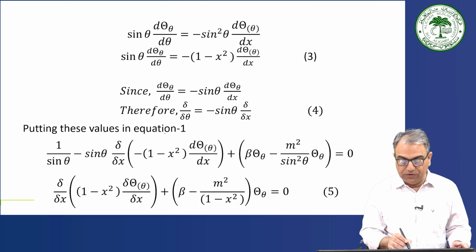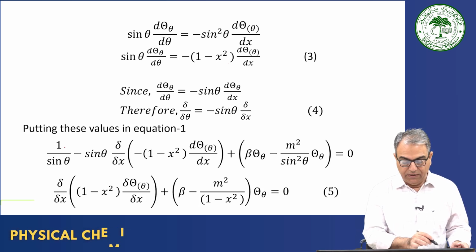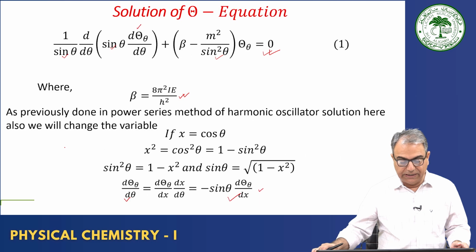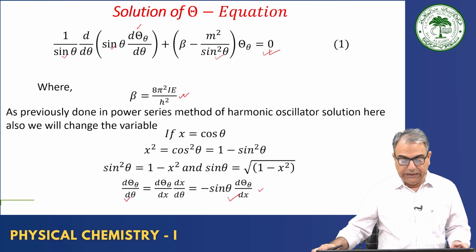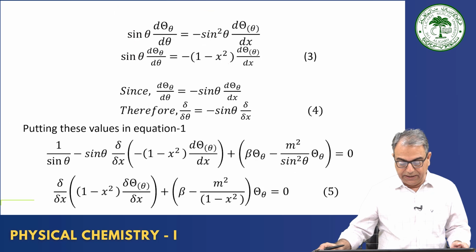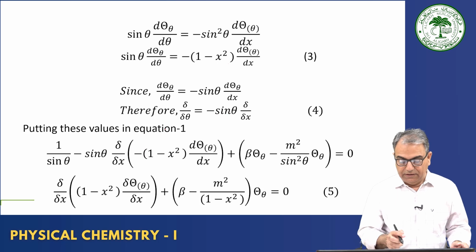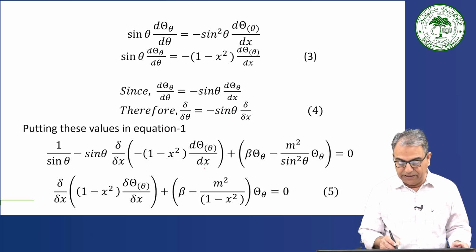Then putting these values in equation 1, what do you get? 1 by sin theta remains as such. Then you have ∂/∂θ, so ∂/∂θ will be minus sin theta ∂/∂x. Then the rest of the thing is sin theta dΘ/dθ, so this will be minus (1 minus x square) dΘ/dθ.